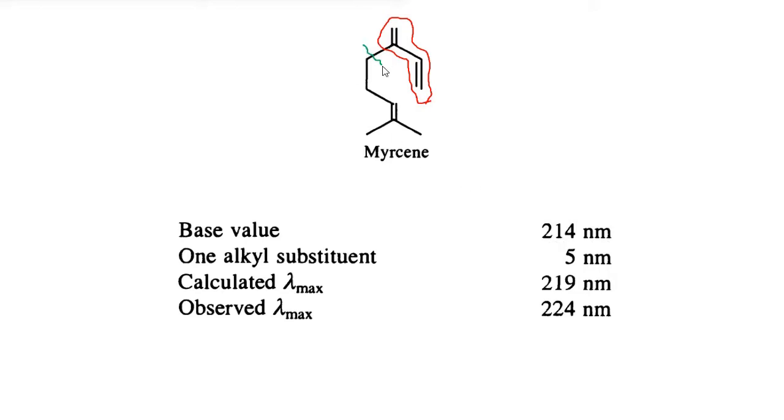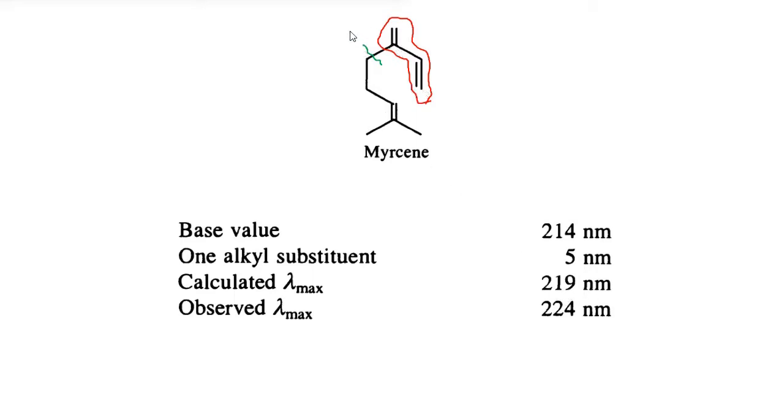Then this green drawing indicates the alkyl substituent, which gives an increment of 5 nanometer to the basic value, and so the total calculated lambda max for this molecule will be 245 nanometer.